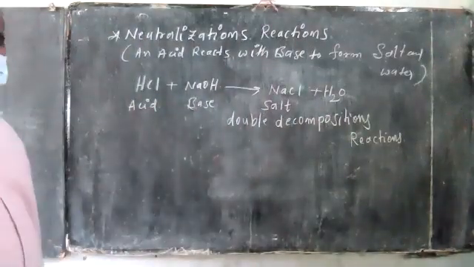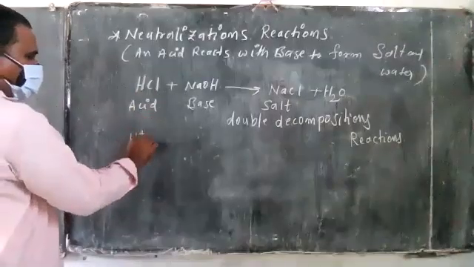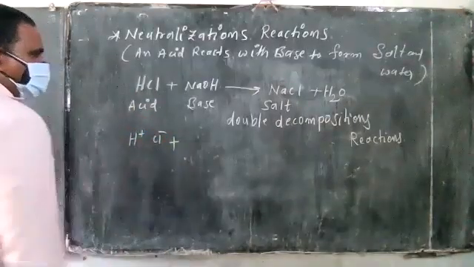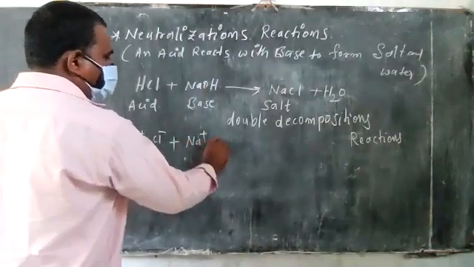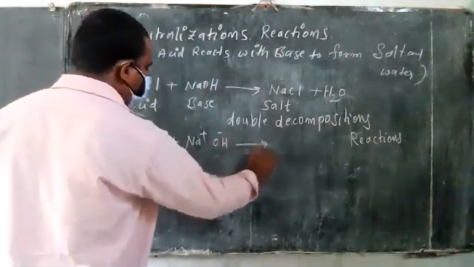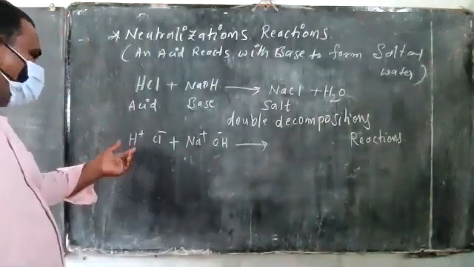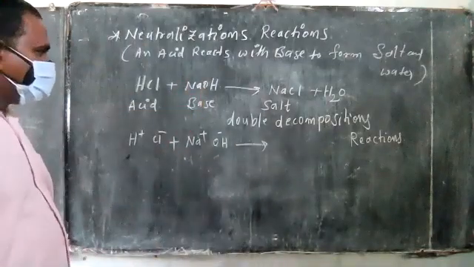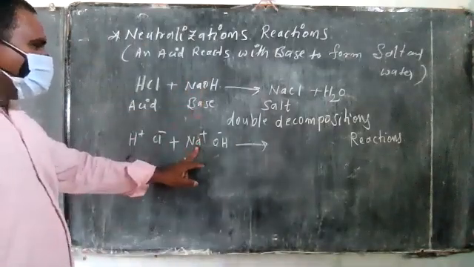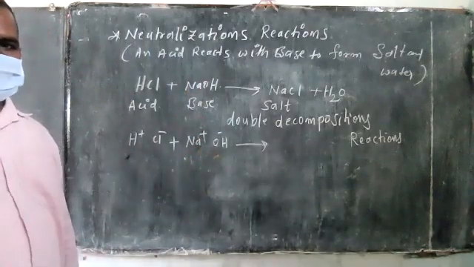The mutual ions are exchanging. The acid divides into H plus and Cl minus. The base divides into Na plus and OH minus. So each one divides into one positively charged species and one negatively charged species.